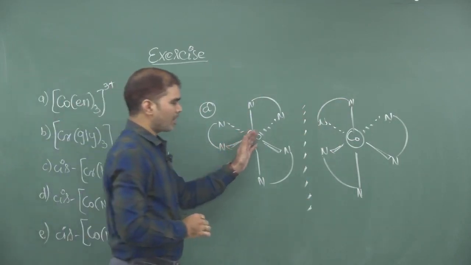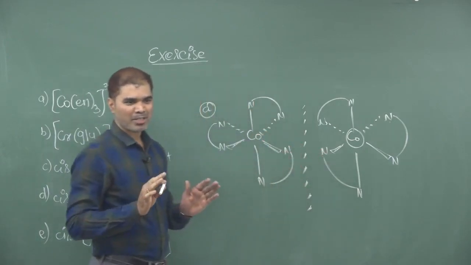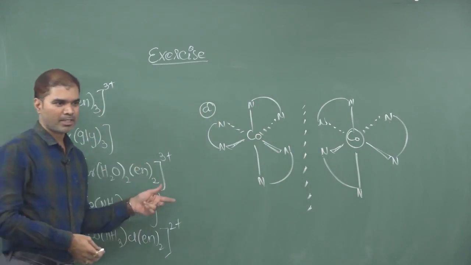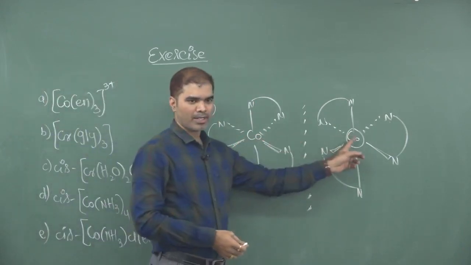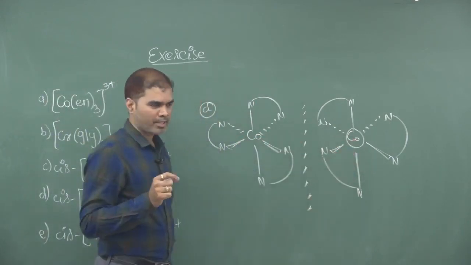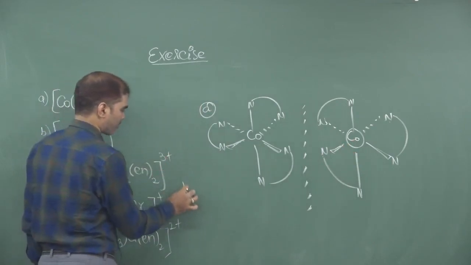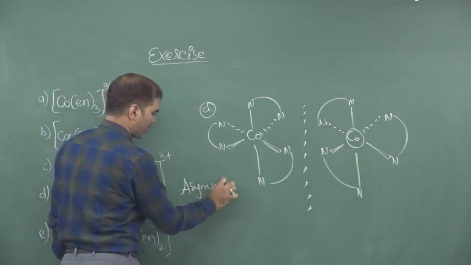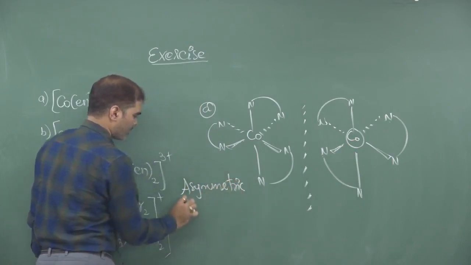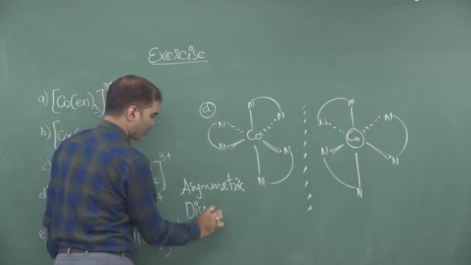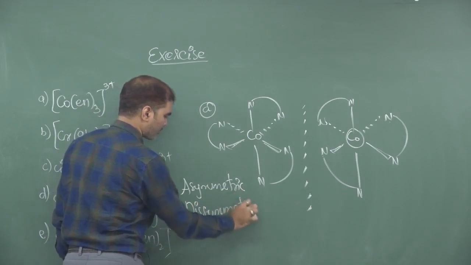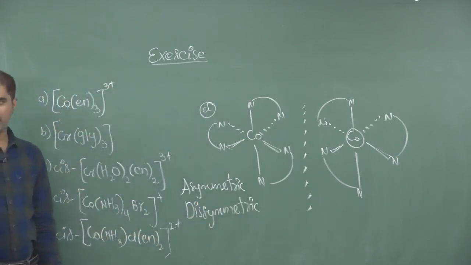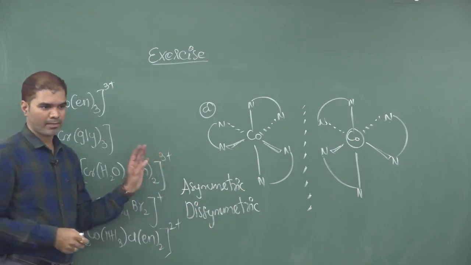Enantiomers are not only in organic chemistry. Though the central atom is not a carbon, still we call it asymmetric. We also have a concept called disymmetric. Whether the center is asymmetric or disymmetric, they will be optically active.